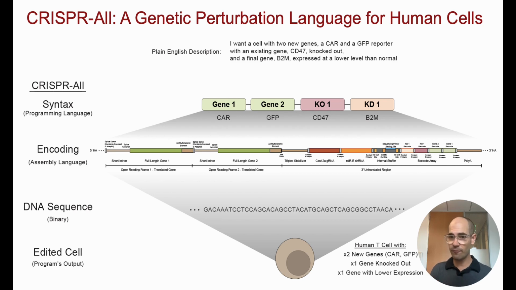And so we hopefully built a similar version of that for genetic perturbations, which allow much greater access to much more complex perturbations, the same way that computational programming languages allow you to access much greater complexity of programming tasks without having to know the underlying details.